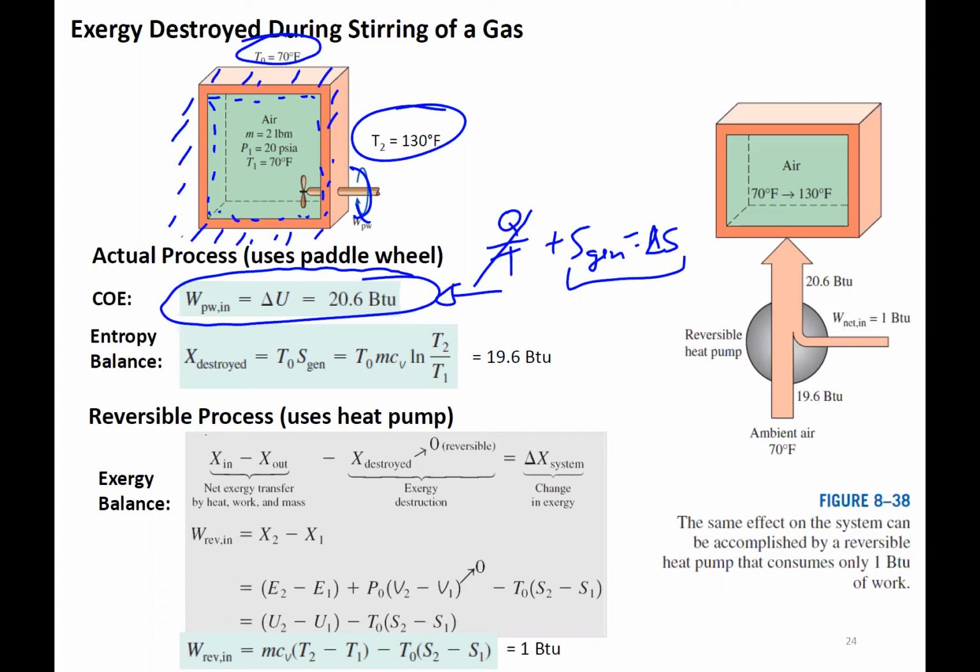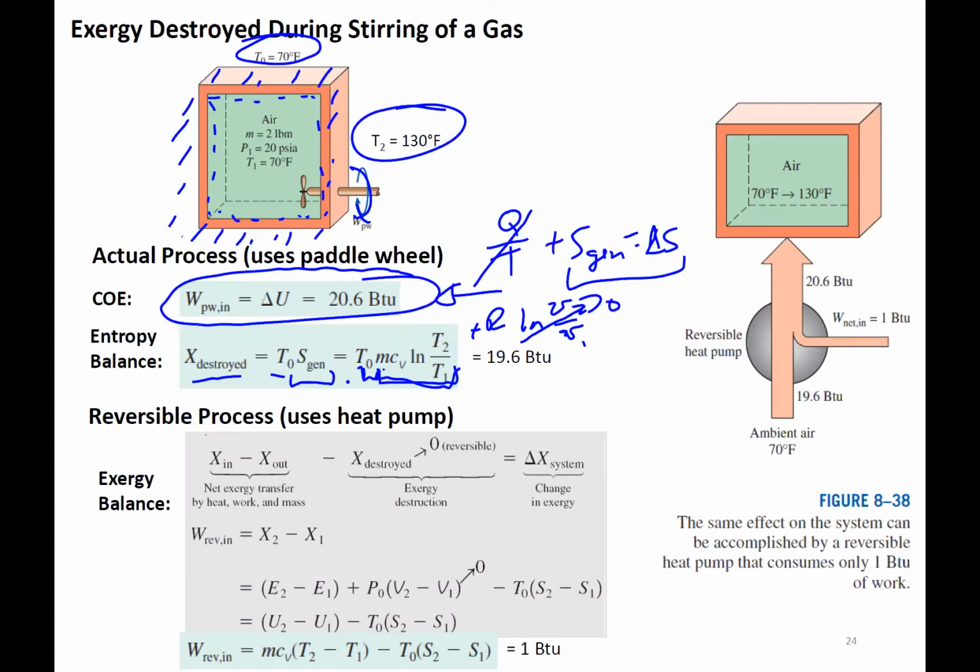Then for X destroyed, it's T naught times that S gen, so we have T naught times our delta S. We go to the ideal gas relations for calculating the change in entropy of an ideal gas, and we have this equation. It's simplified a little bit because there's the plus R ln V2 over V1, and just like in one of the examples last week, the volume's not changing, so natural log of 1 is 0.